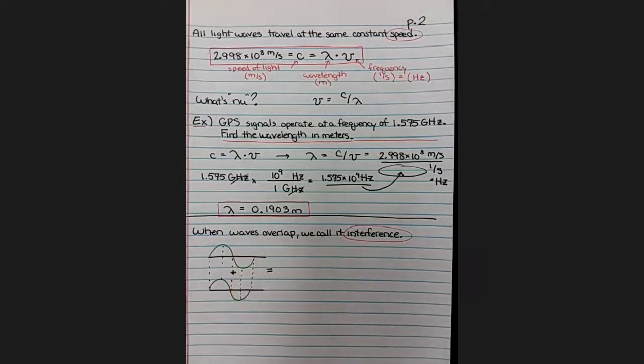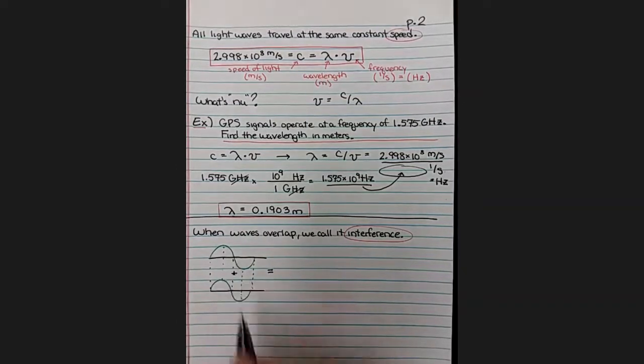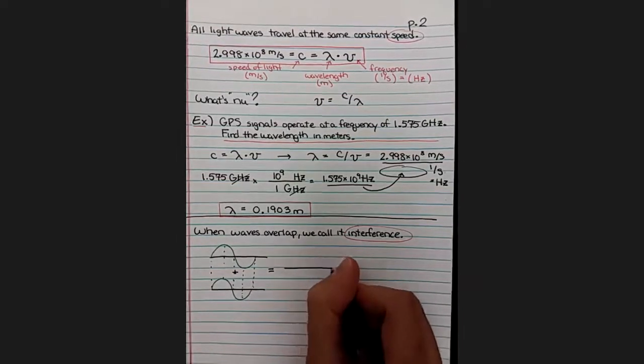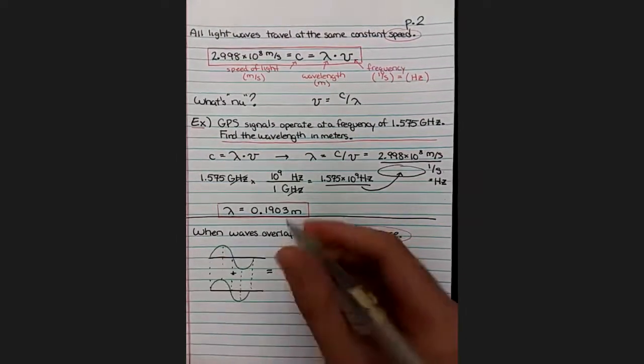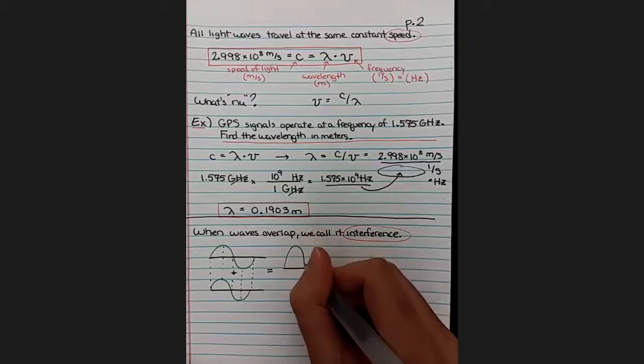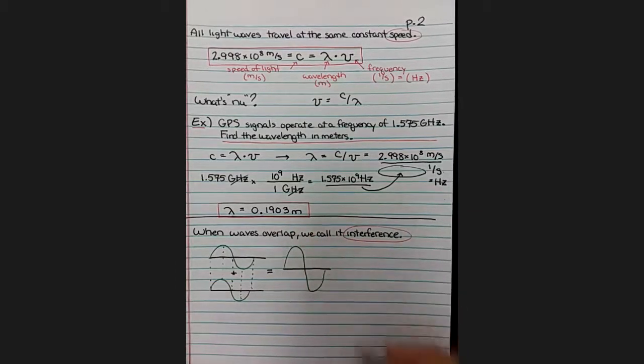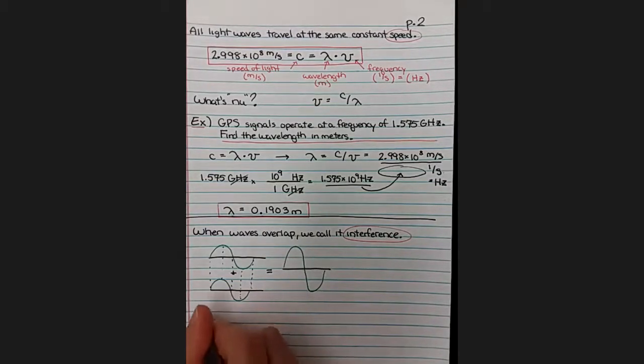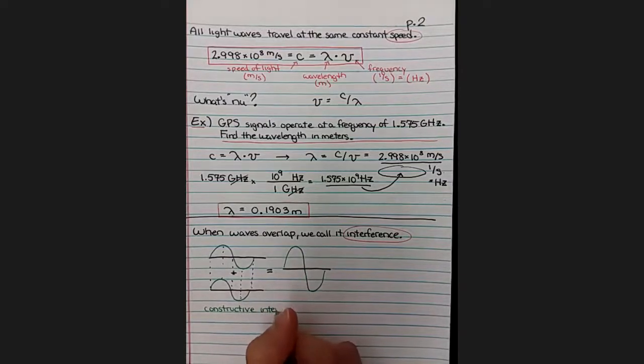Lowest point of the wave is about in the same spot. So if you were to overlap these right on top of each other, they would look identical. And so that means that when you add them together, the wave gets taller. The highest point is now twice as high. The lowest point is now twice as low. So when you add waves together and the resulting wave is bigger, that's called constructive interference. That yields a larger amplitude for the product.